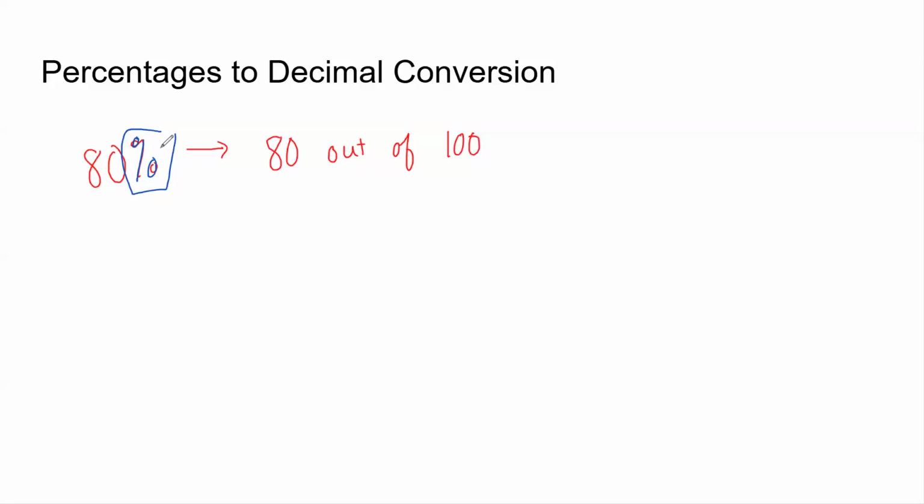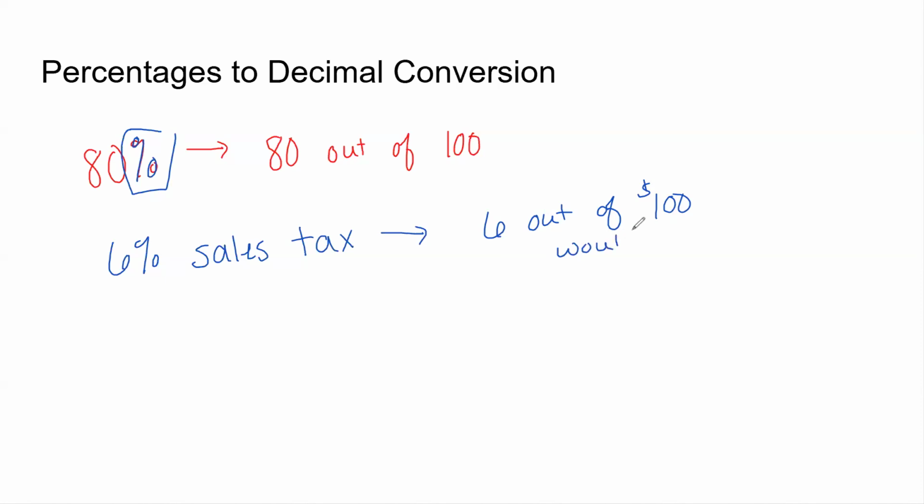Okay, see the percent sign there? 100. That's how the percent sign came to be. So it's always a comparison out of 100. If your state has a 6% sales tax, and you go to the store, buy some new jeans, and you look at your receipt and see that you have paid 6% sales tax, that means if you spent $100, 6 out of $100 would be for taxes.